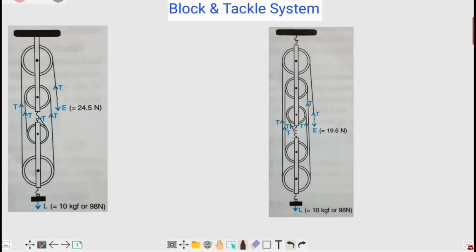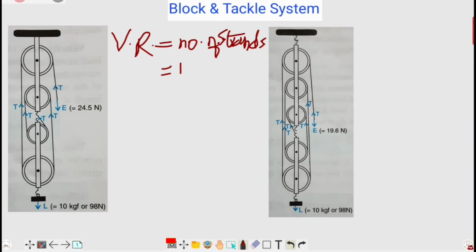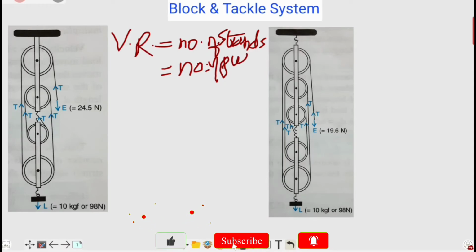Now, students, let's discuss the velocity ratio. Velocity ratio here depends upon the number of strands in the tackle, or you can say it is equal to the number of pulleys in the system. Now let's discuss that.